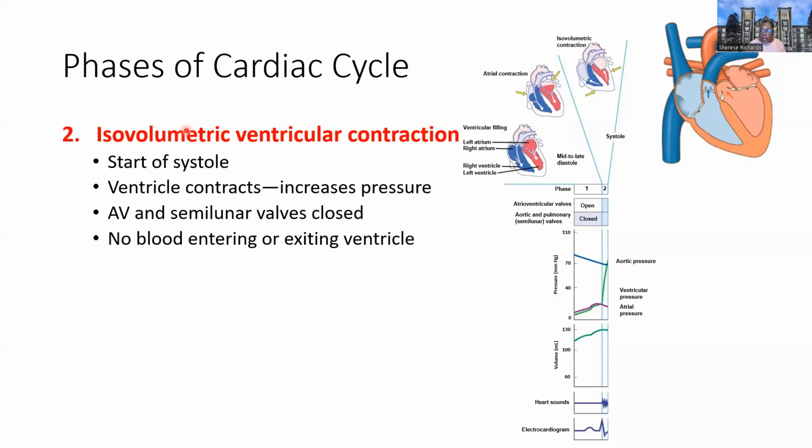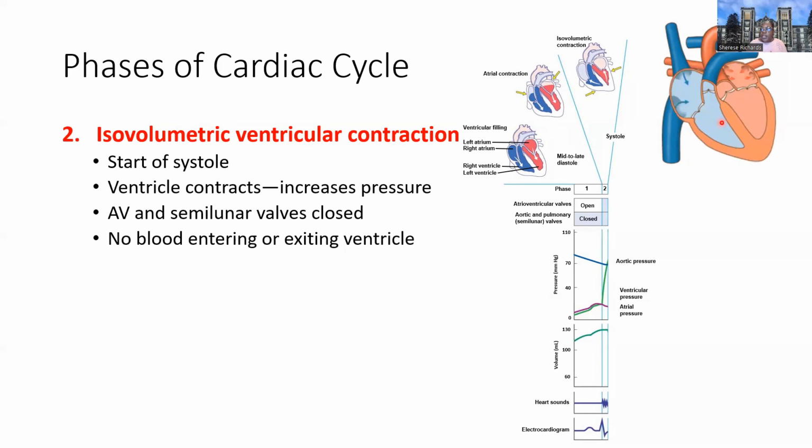So here the semilunar valves are still closed. And because the pressure in the ventricle has now risen due to the blood that has entered the chamber, there's no longer a gradient across the atria and the ventricle. So the valve is going to close as blood stops moving.